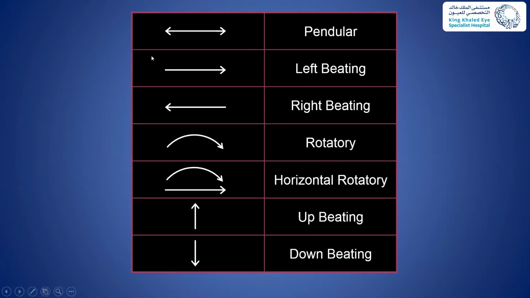For example, I make an arrow with two heads when I want to describe a pendular nystagmus, while for this side, left beating, right beating, rotatory, horizontal and rotatory, up beating, down beating. This makes it easy, because it is very difficult just to look at the patient without a systematic approach and know what the patient has.